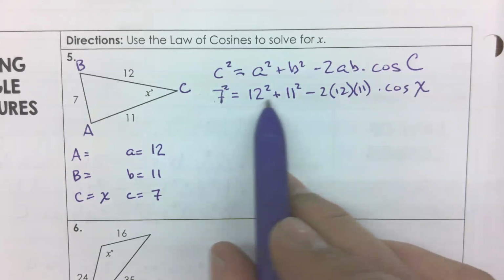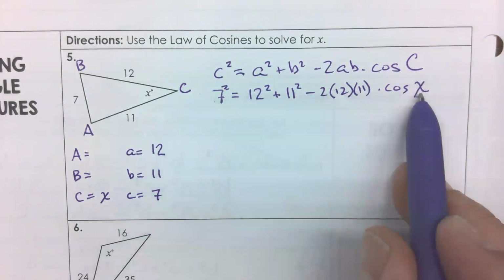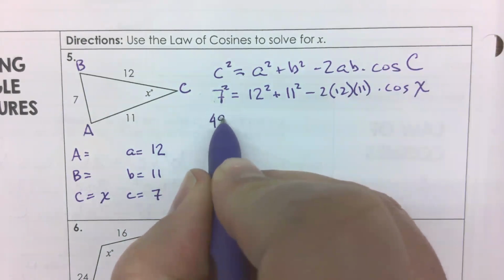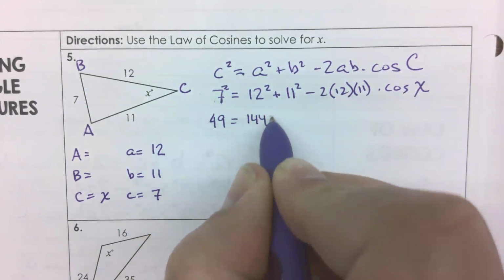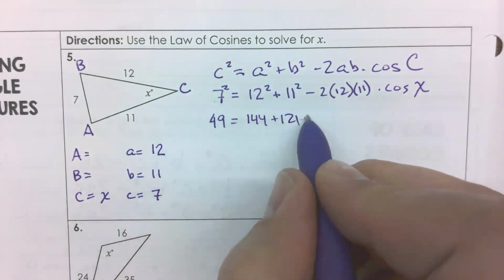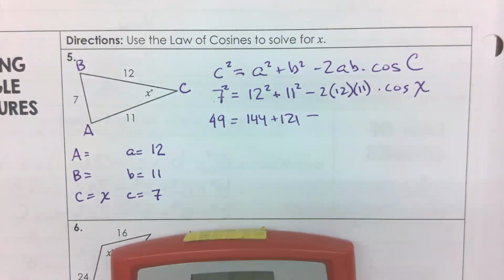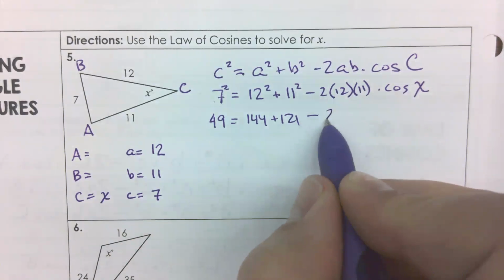Which makes sense because we should only have one variable in this, right? That's the way we'll solve it. And let's simplify a little bit. 49 equals 144 plus 121 minus 2 times 12 times 11, 264.